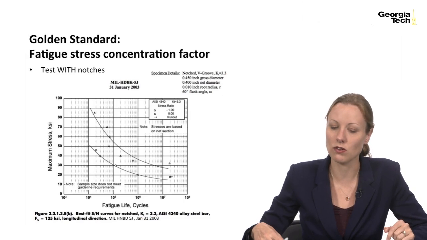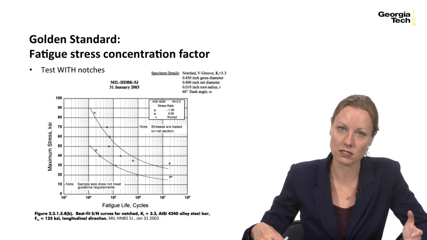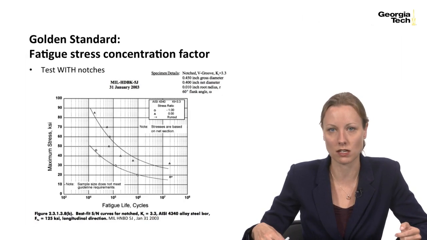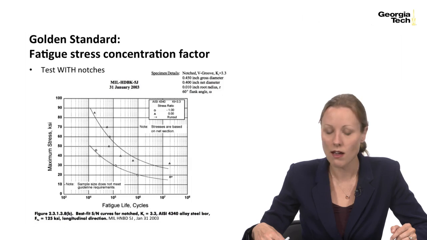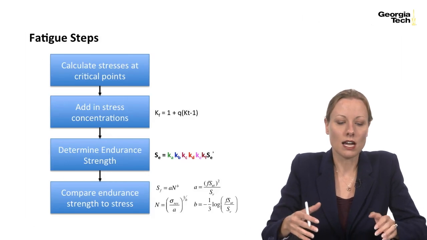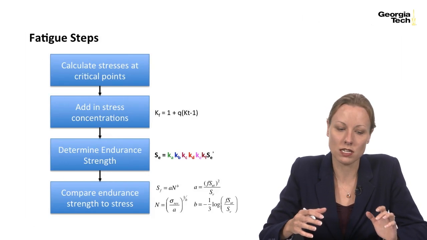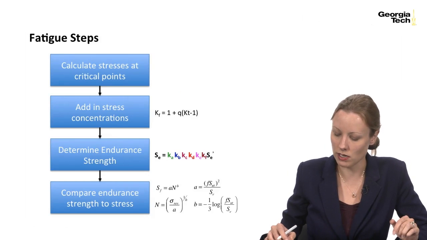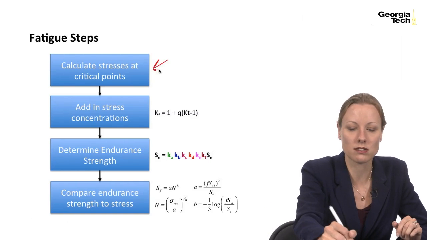And so if you're not able to use the data, you can estimate Q using one of the textbooks or using these equations. So again, when you're going through fatigue, what we've learned is how in static failure we learned how to calculate the stresses at critical points.